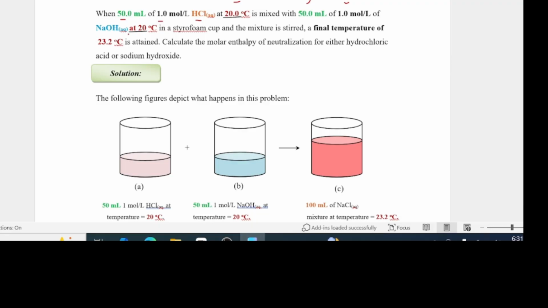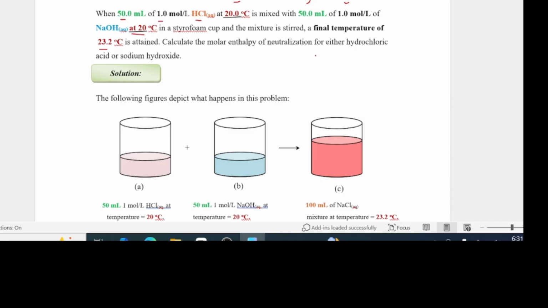One, the initial temperatures for both are the same, and two, because these are a monoprotic base and a monoprotic acid, equal concentration and volume will give the same number of moles of OH ions and H ions. Of course, these are poured into a styrofoam cup and the mixture is stirred, and the final temperature of 23.2 degrees is attained.